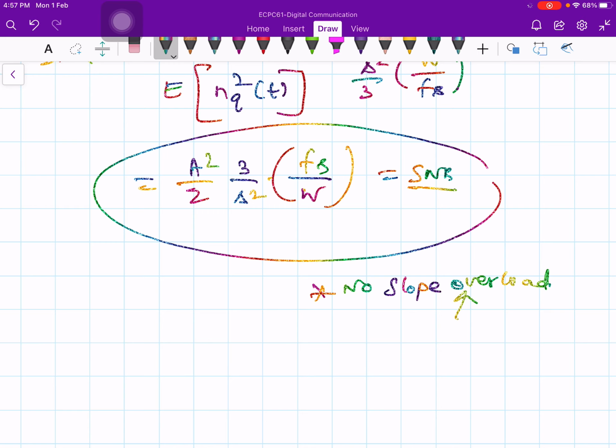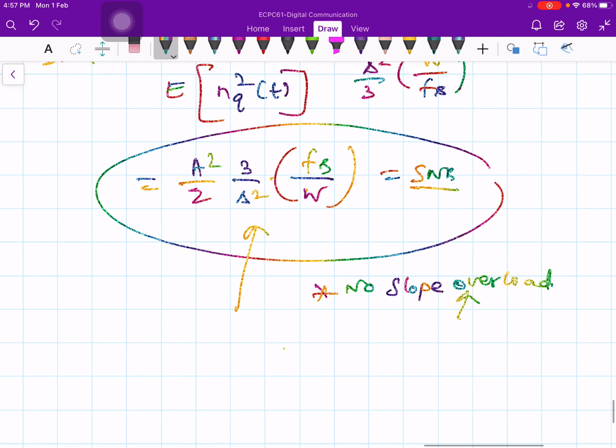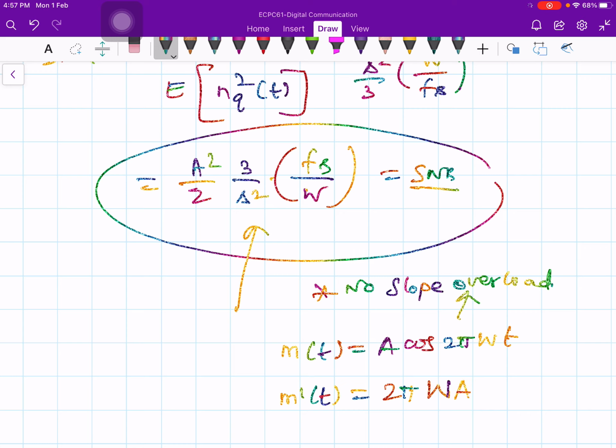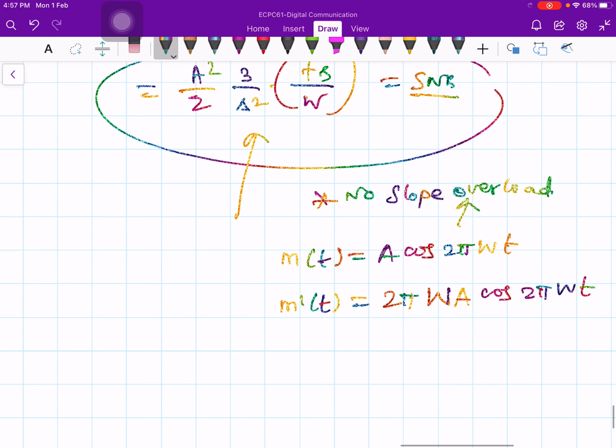We assumed m of t is equal to A times cosine of 2 pi Wt, right? Now calculate m dash of t. This is 2 pi W A times cosine of 2 pi Wt. Therefore, the slope m dash of t is what?